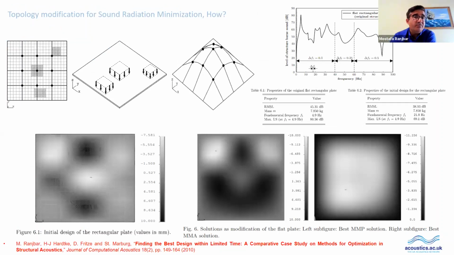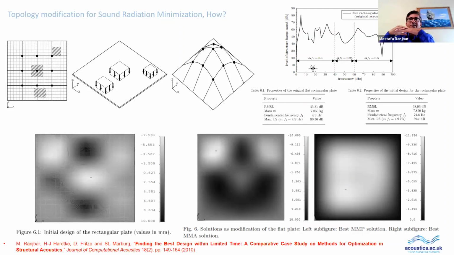The case study for our research at that time was a plate, 1 by 1 meter, with a thickness of 1 millimeter, made from steel. The concept was to use topology optimization, or let's say modification, by considering 9 design variables over the surface of the plate.